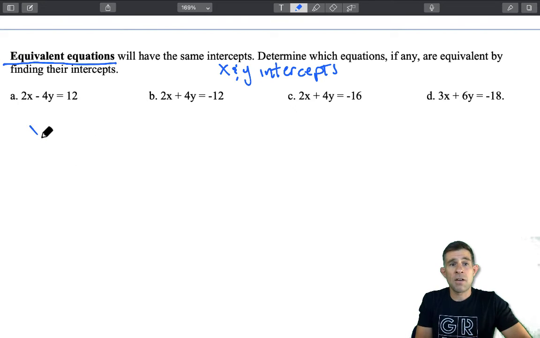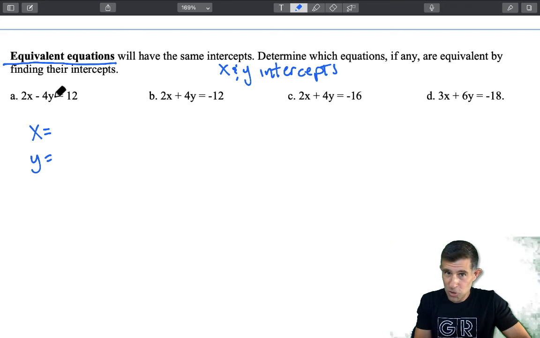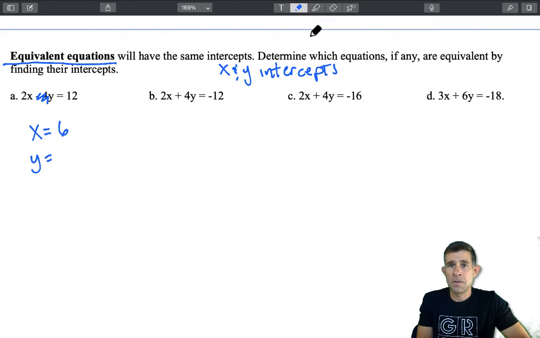So let's check our x and y-intercepts for all of these equations by simply covering up each term and solving for the other. Let's take this first one here. Solving to find the x-intercept, I cover up the y, divide over the 2, and my x-intercept is 6.